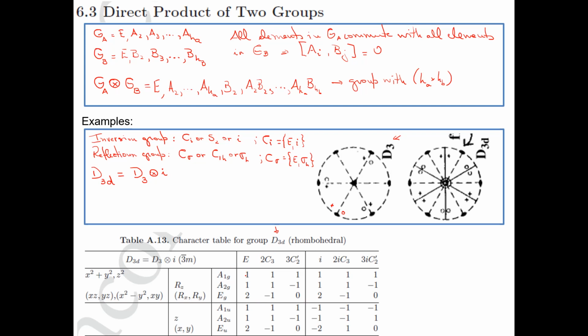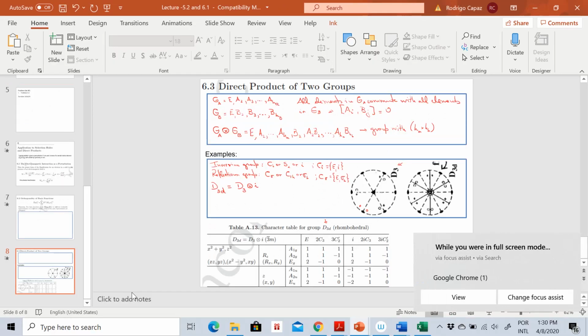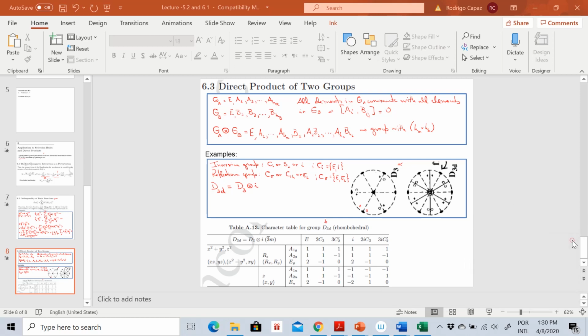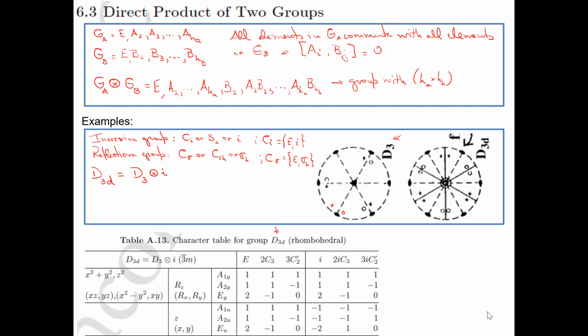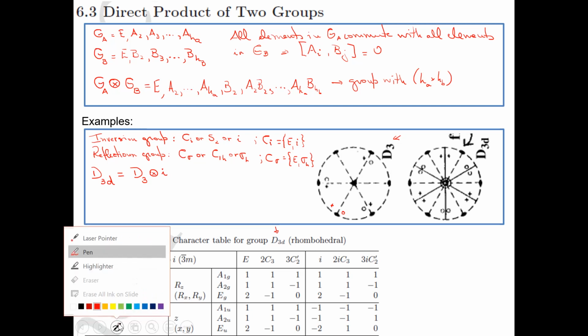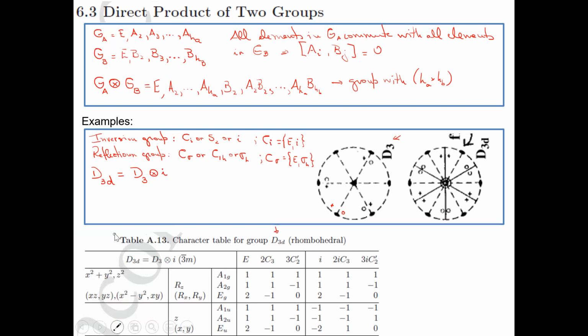So this is the character table of group D3.